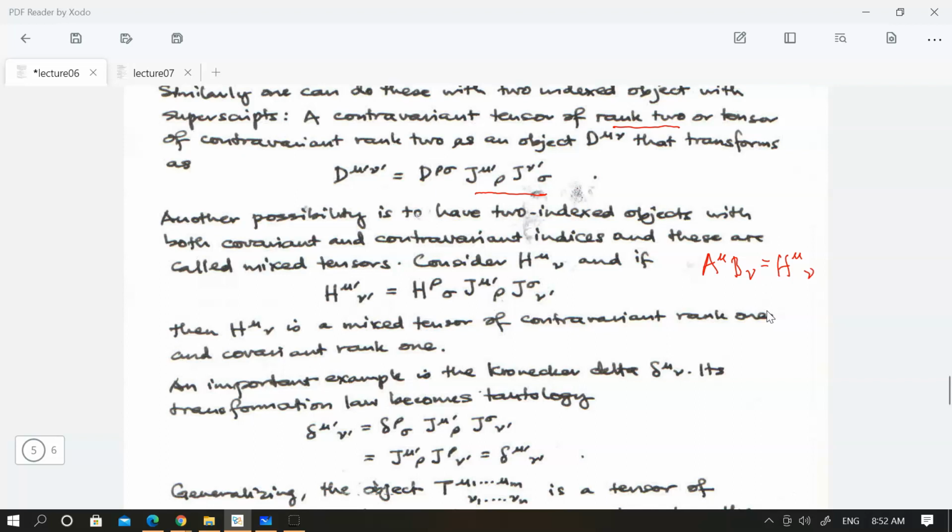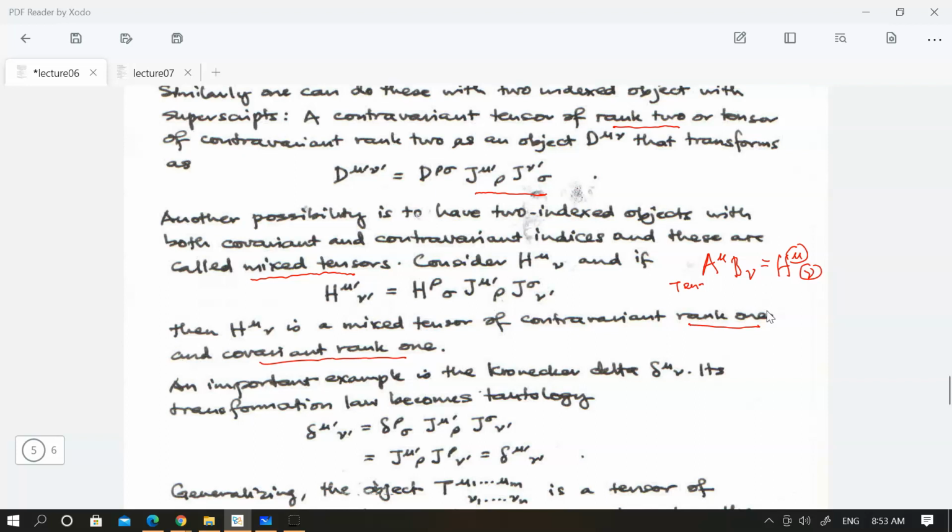And this is called a mixed tensor. Or if you want to be more precise, this is a tensor of contravariant rank 1, referring to this index, and covariant rank 1, referring to this index. So this is the prototype.